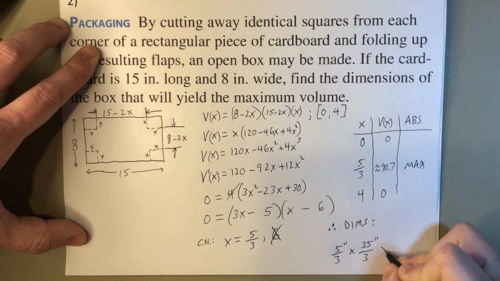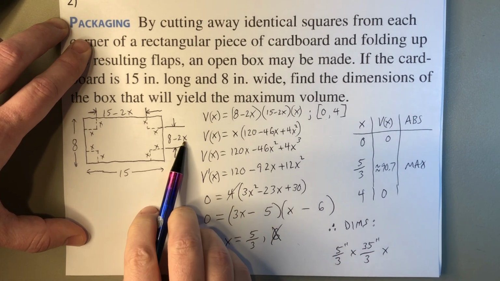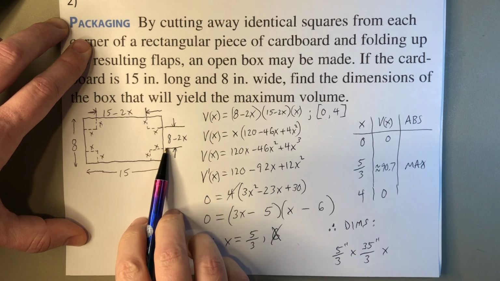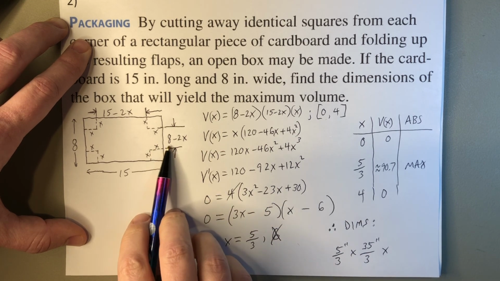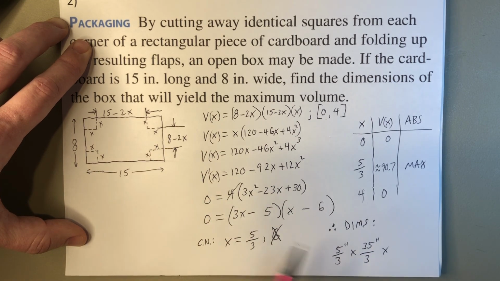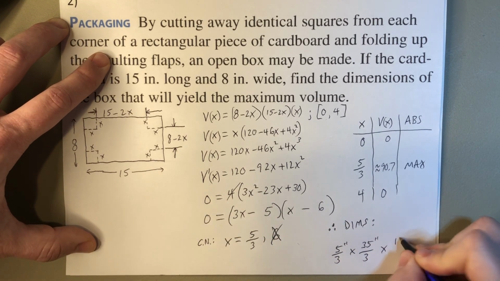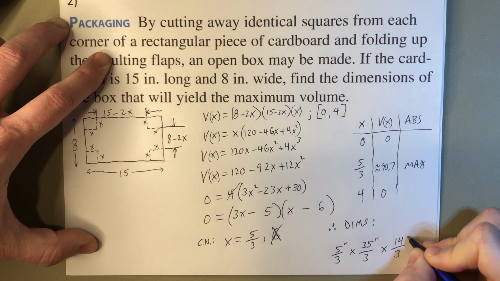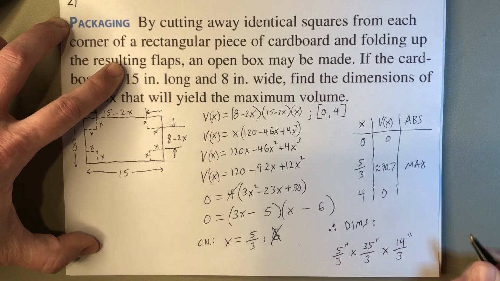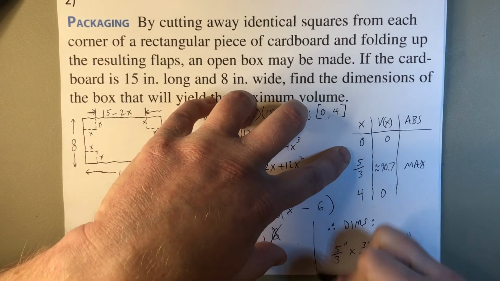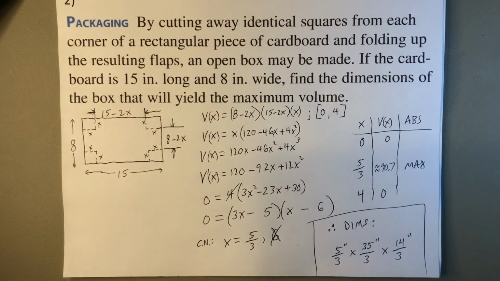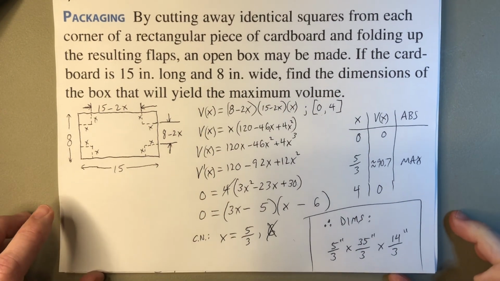Use your calculator. Now replace this x for our width, okay? The width of our open box is going to be 8 minus 2 times 5/3. So you get 8 minus 10/3. 8 minus 10/3 is 14/3. And these are all inches, okay? These quotes represent the unit inches. So finished with number 2. Hope you're having fun.